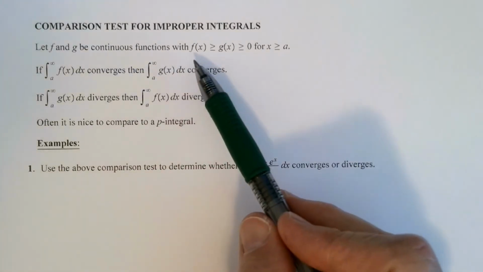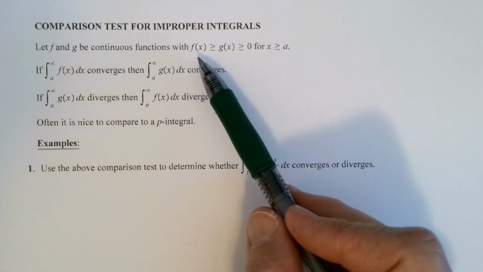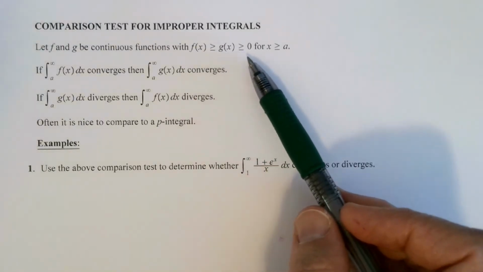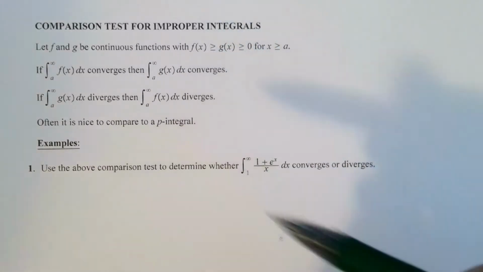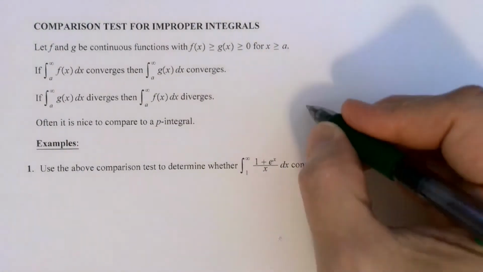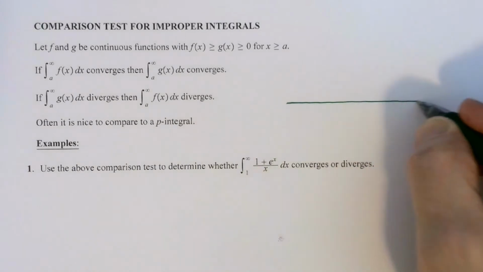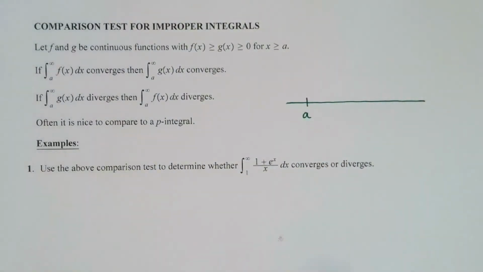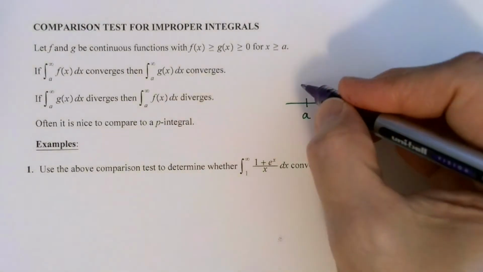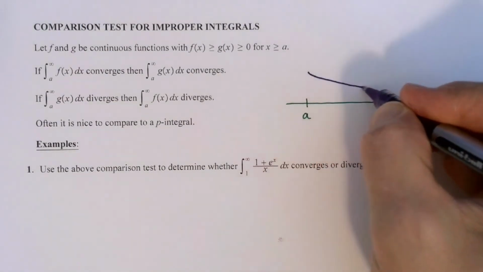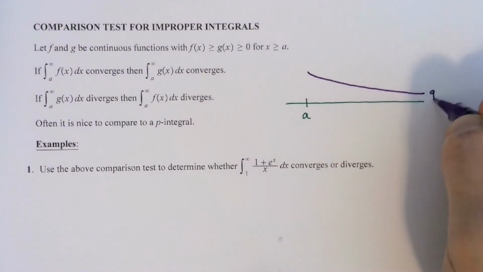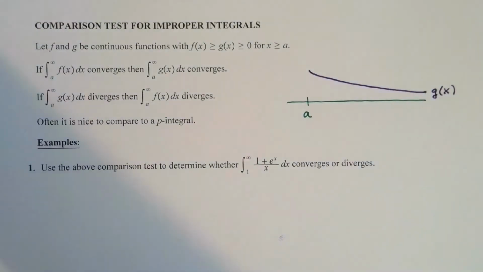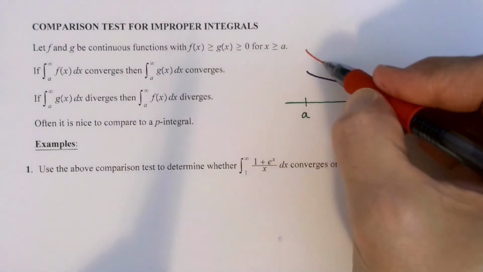And the important thing is that the function f, its outputs are always greater than or equal to g of x, which is always greater than or equal to 0 for x greater than a. So if I were looking at the graphs of these two functions for values greater than a, then if this is the function, say, g of x here, the function f of x is greater than the g of x function's outputs.